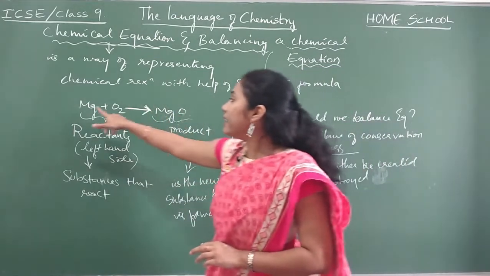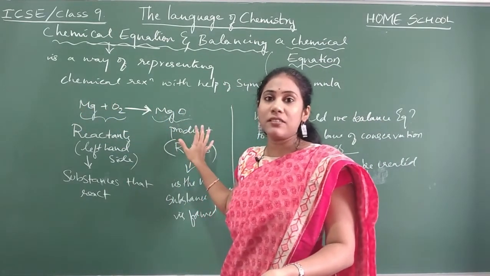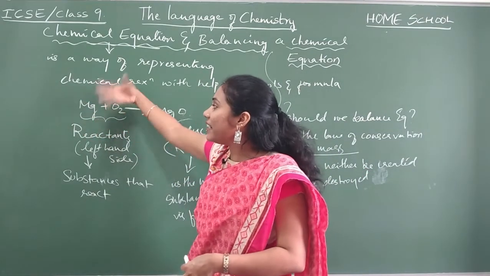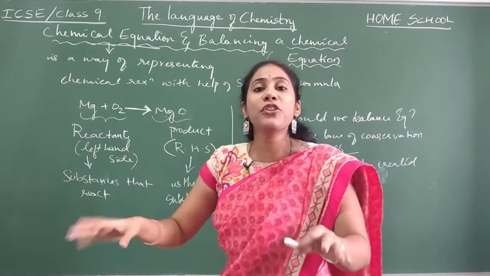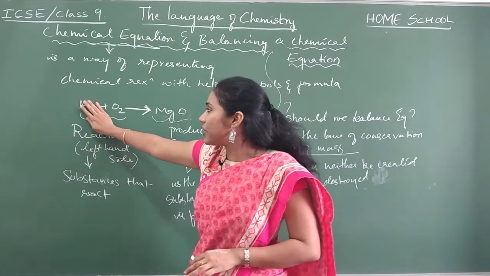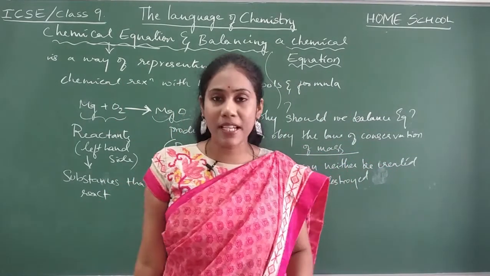Okay, you can't destroy this one atom of Mg during a reaction. And you cannot create an extra atom of Mg also during a chemical reaction. However much Mg you took for a reaction, that much has to be produced as a new substance.